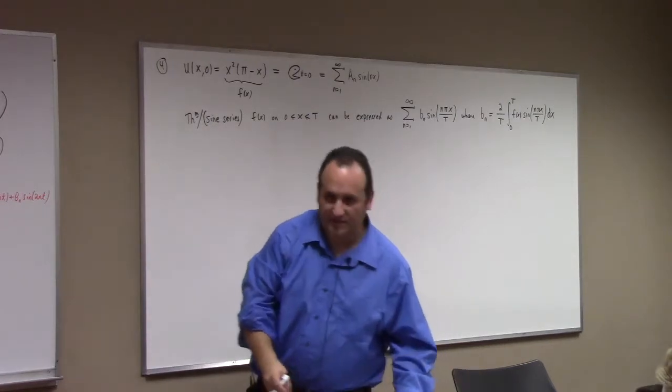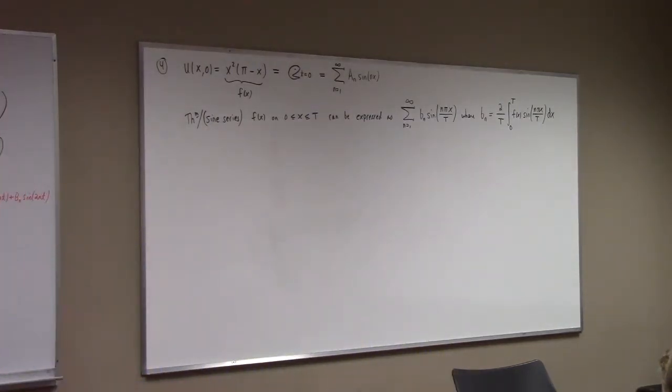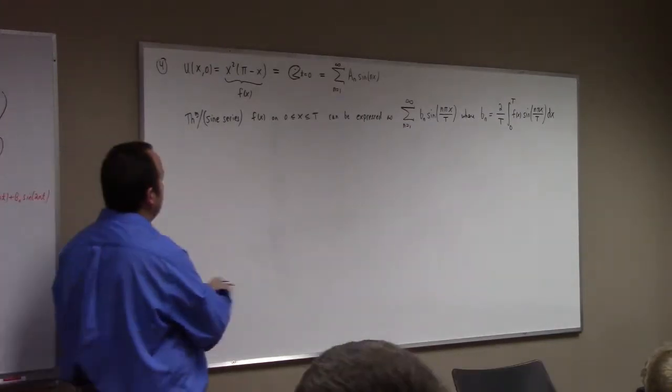So we need to make some adjustments, right? In the past class, I did not use big T, I used L. So I was thinking of L playing the role of T in the book. But let's just adapt the sine series theorem to our current problem. What do we have?